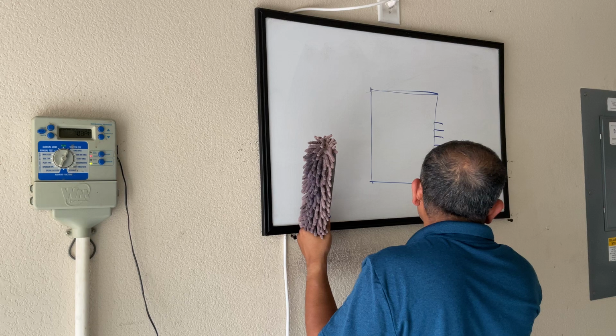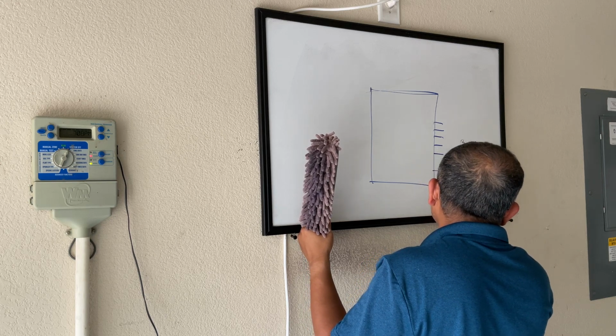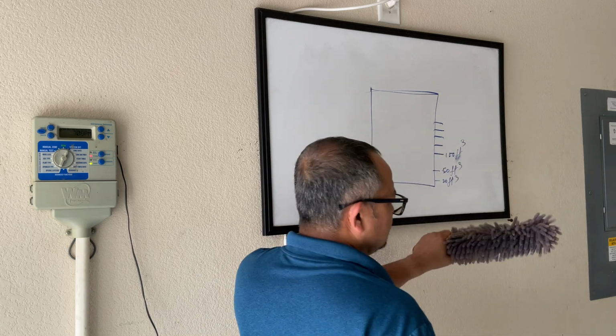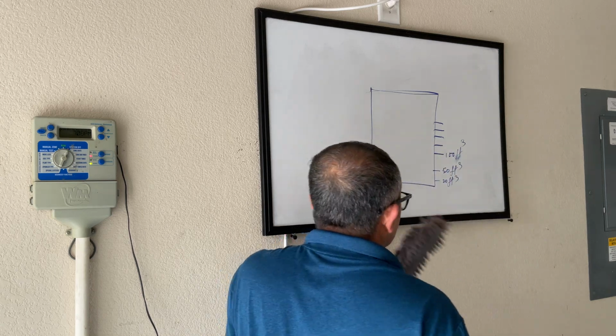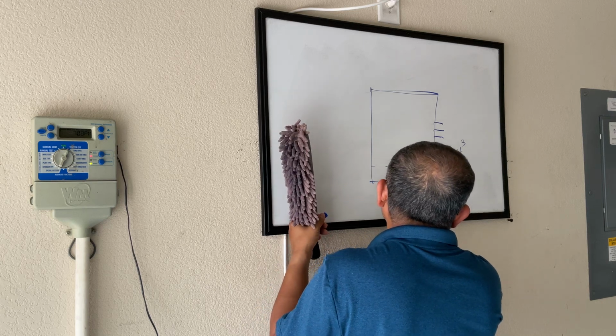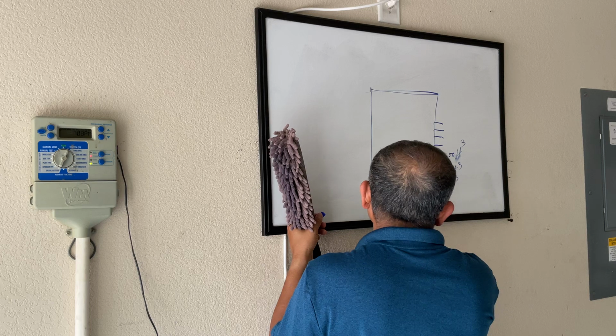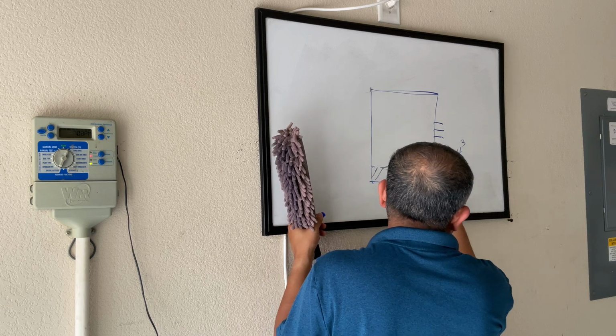Up to here, 50 cubic feet. Up to here, let's say 20 cubic feet. Maybe this is half a cubic feet or something like that, even less than that. Let's say I fill water till here. I have a container which has water filled up to 50 cubic feet.